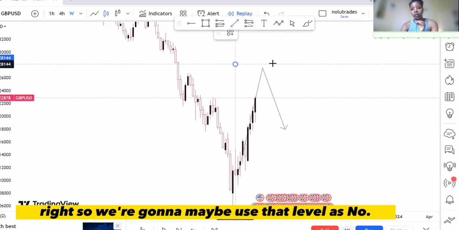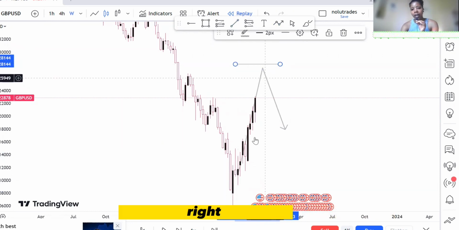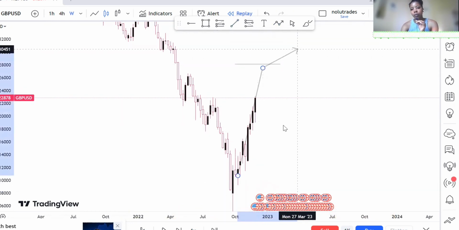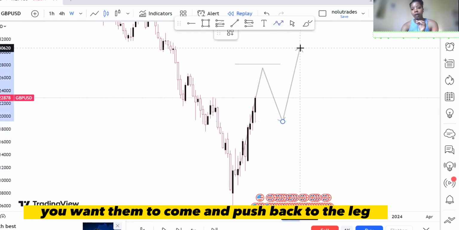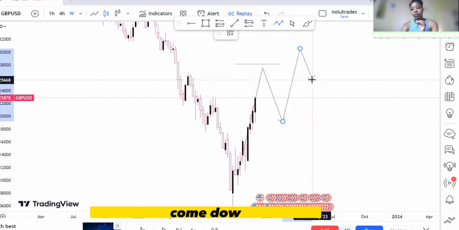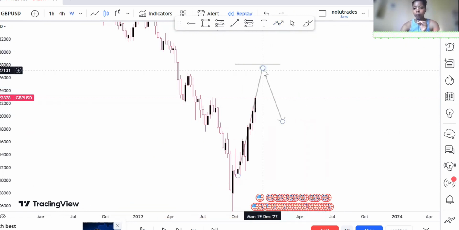So we're going to maybe use that level as number one, right? So leg, retest, push back to the leg. You want them to come and push back to the leg, come down and leave like that. That's all we want to see, okay?